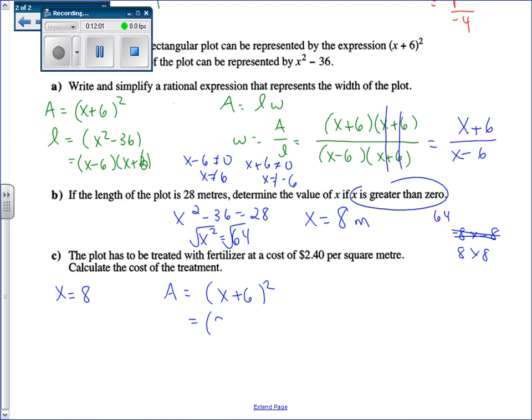So that's 8 plus 6 squared, which is 14 squared, which is 196. So it's 196 square meters. The cost is going to be $2.40 for every square meter, and there's 196 square meters. So that gives us a cost of $470.40.